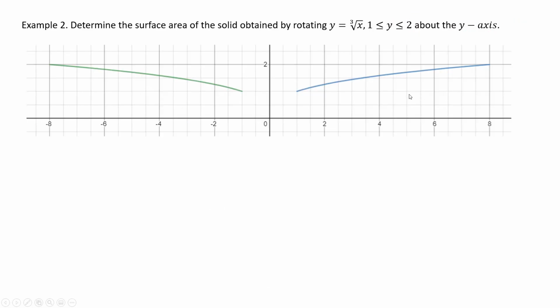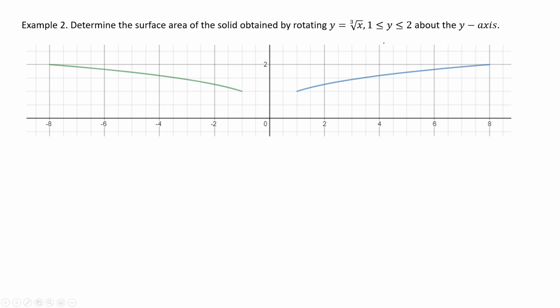Okay, so let's try this problem again. Okay, so we're now rotating this equation about the y-axis.